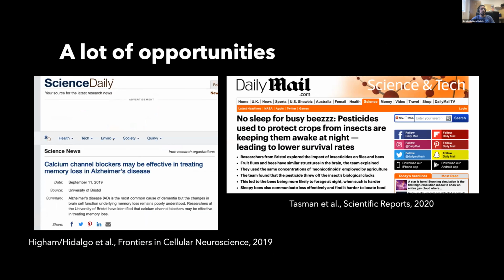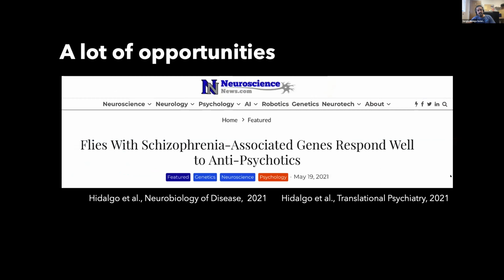It actually was really productive from 2018 to 2020 that I was in Bristol. We managed to publish this study showing calcium channel blockers and Alzheimer's disease using the fly, and neonicotinoids in bees and flies in another publication. And this is actually part of my PhD thesis.